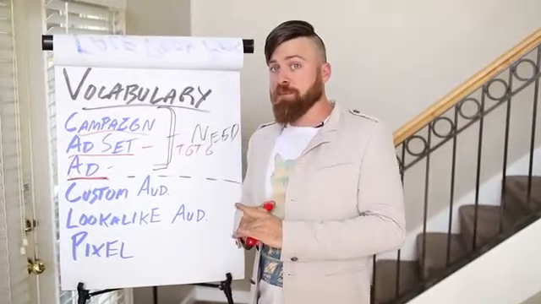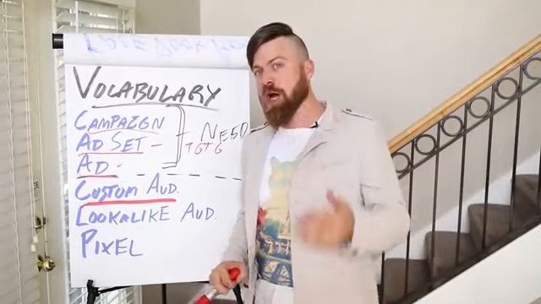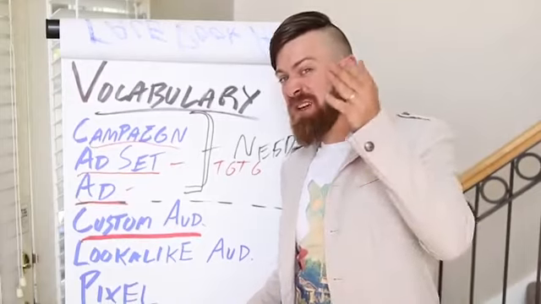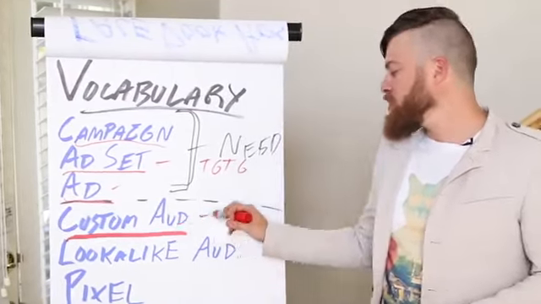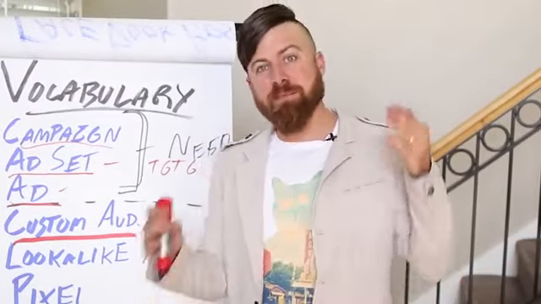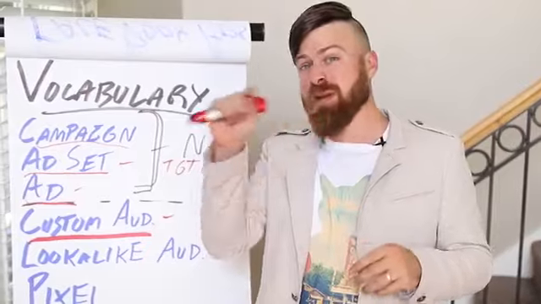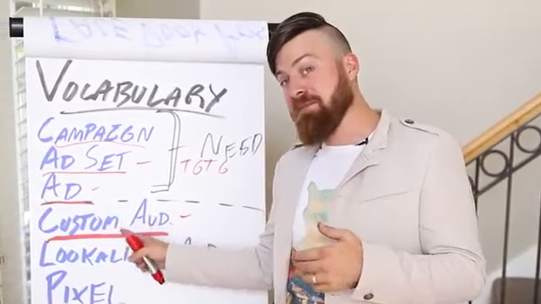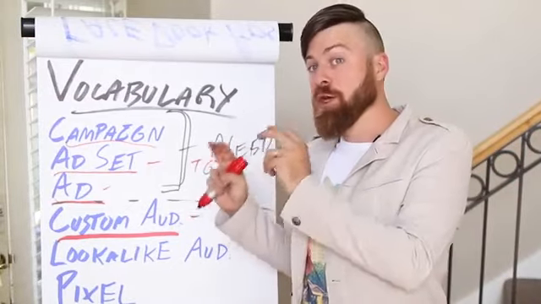The first useful piece of vocabulary to know is custom audience. Now, a custom audience means it's an audience that is really custom to you and your business. What you can do is if you have a website that people are already visiting, you can put Facebook's pixel, which we'll explain in a second, but basically you can have Facebook send ads to the people who are already visiting your business.